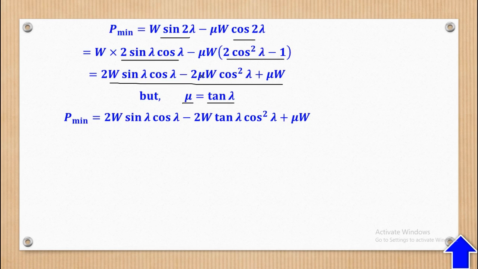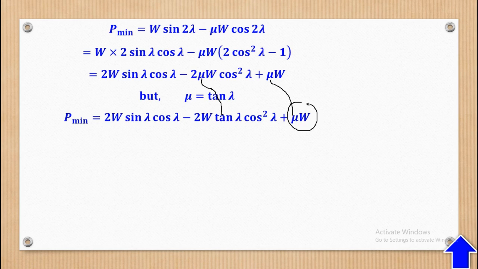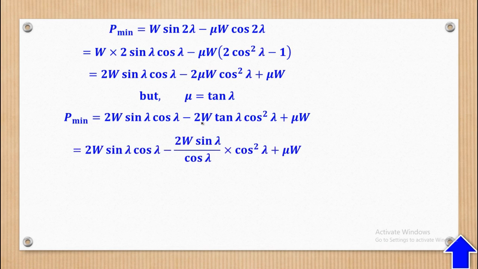Now what I've done, I've substituted this mu, I've put there tan lambda, but for this one I've not, because in the proof they want this expression, so we have to look for eliminating this. Now tan lambda is the same as sine over cos, which is there.